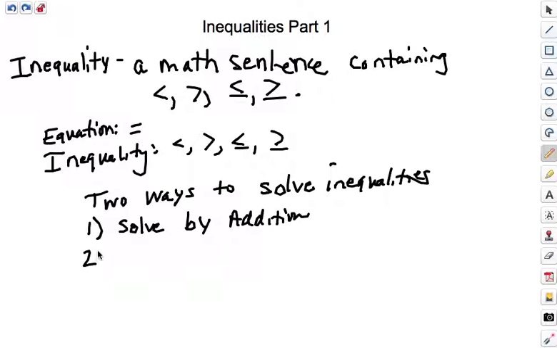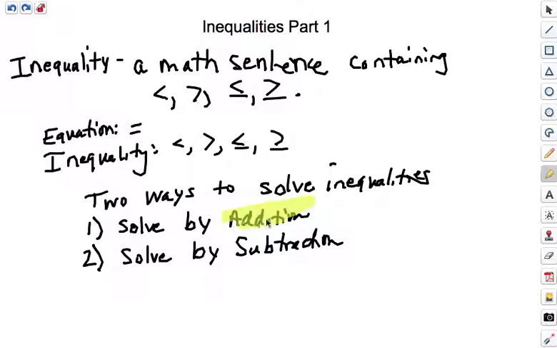And the second way that we'll look at today is solving by subtraction. Our first way is solving by addition, and we're going to look at that now, and then we'll look at how to solve by subtraction.